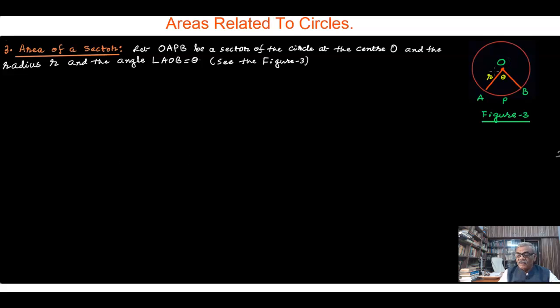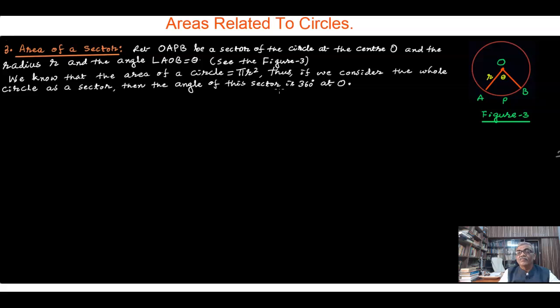Radius is r, the angle subtended by APB is theta, and this is the center of the circle. We have to find the formula for the area of this sector OAPB.